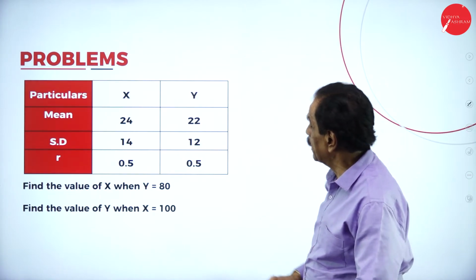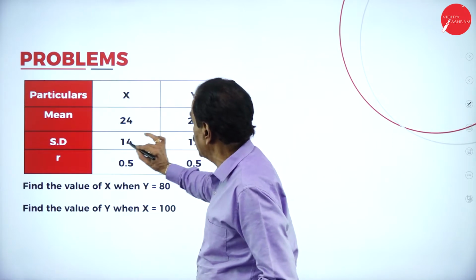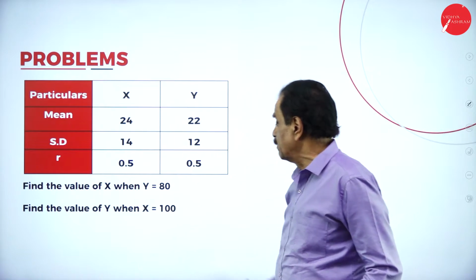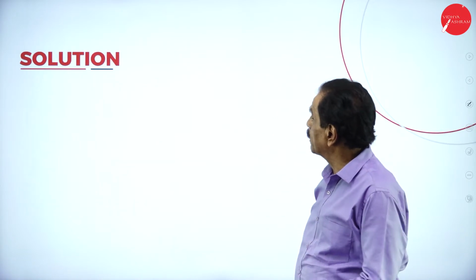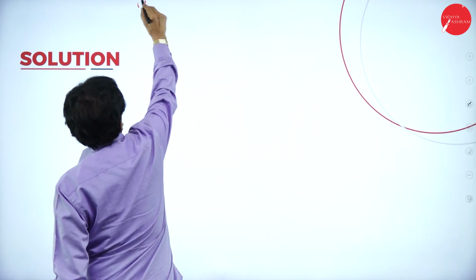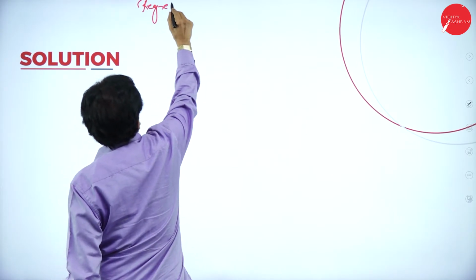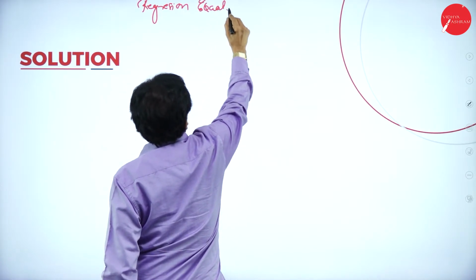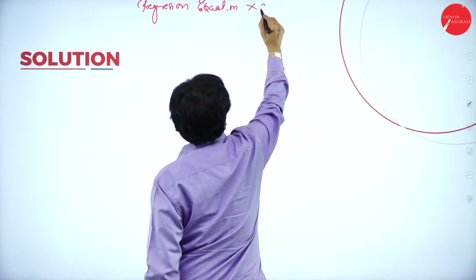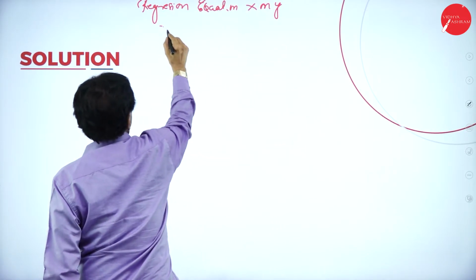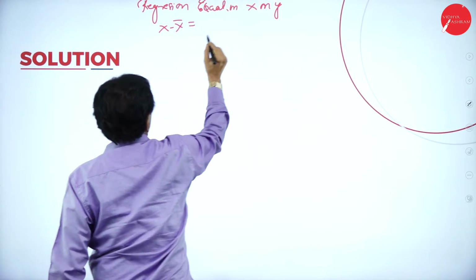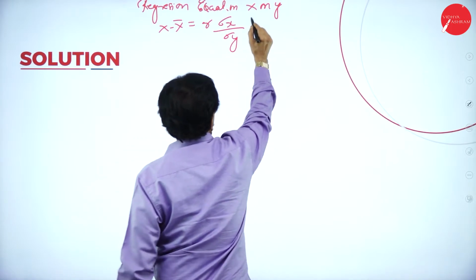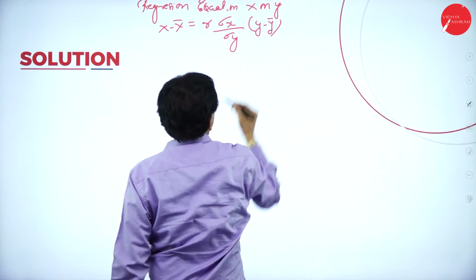So here are given the mean of x, mean of y, and standard deviations. Find out the value of x when y is 80, and the value of y when x is 100. We'll go with the formula. Regression equation x on y: x minus x mean equals r into standard deviation x divided by standard deviation y into y minus y mean.